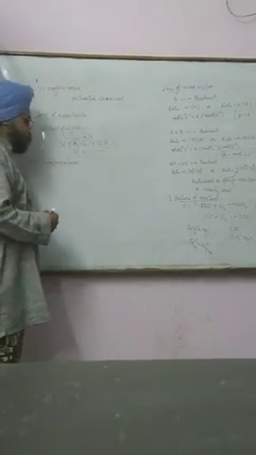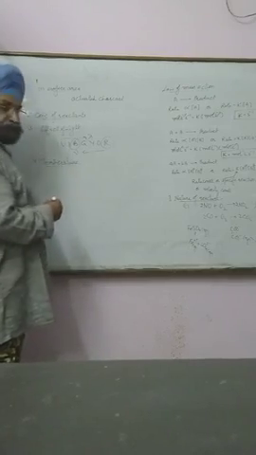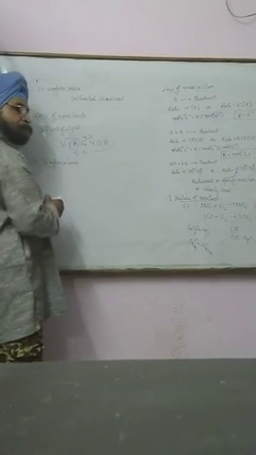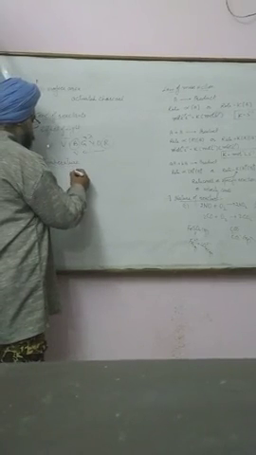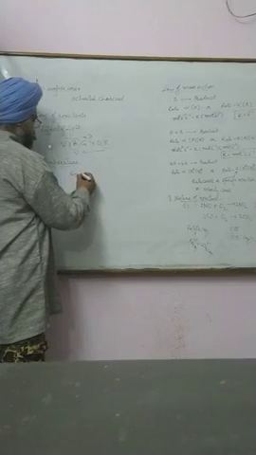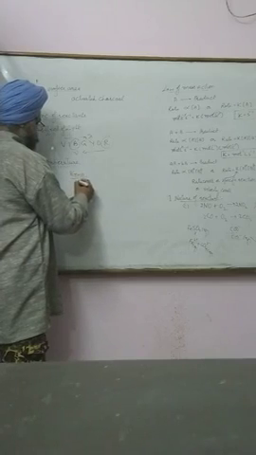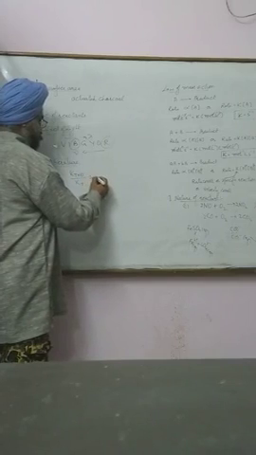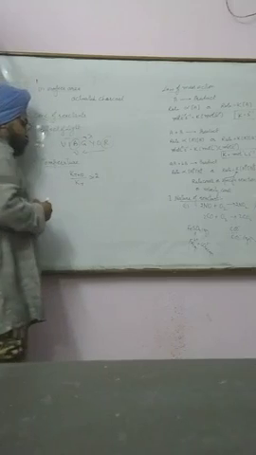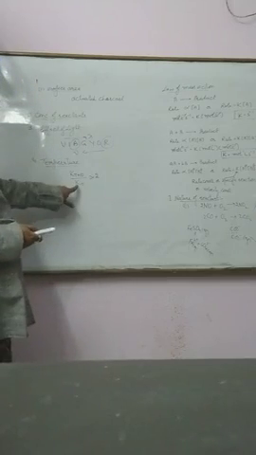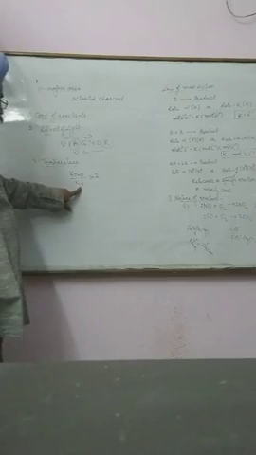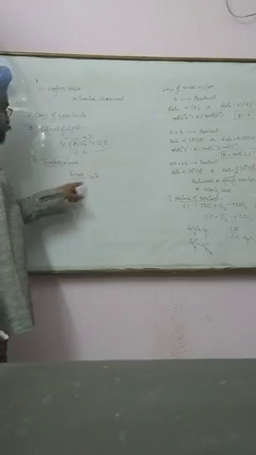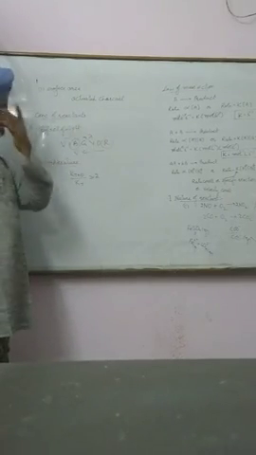It has been observed that the rate of reaction is almost doubled on increasing the temperature by 10 degrees Celsius or by 10 Kelvin. Suppose this reaction is at 373 and this reaction at 383. For the same reaction, the ratio comes out to be approximately 2.